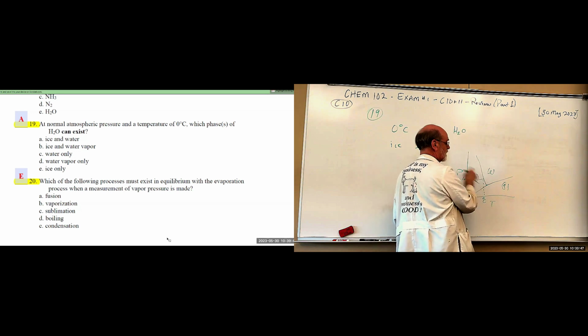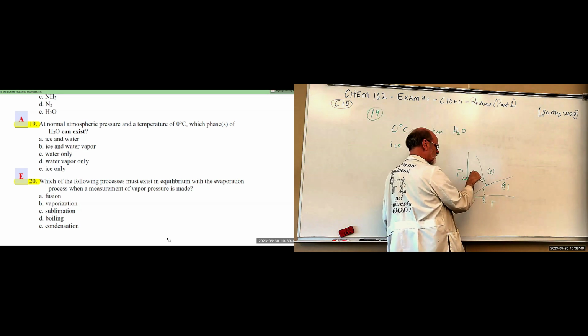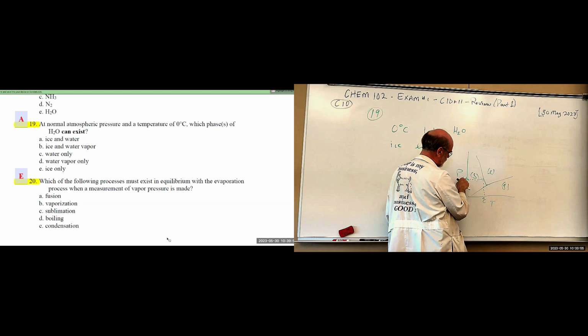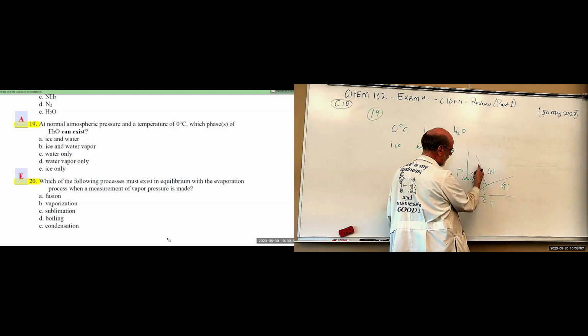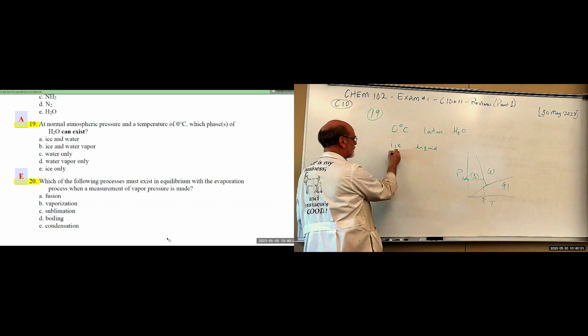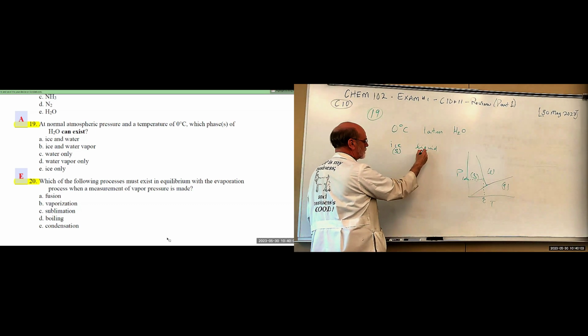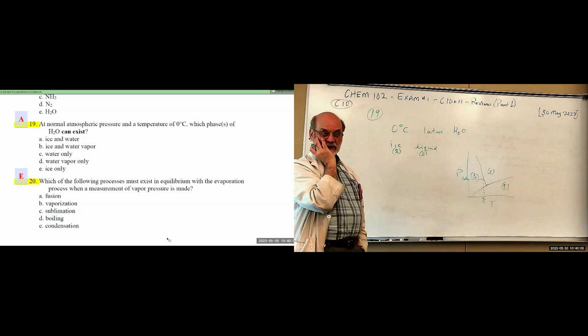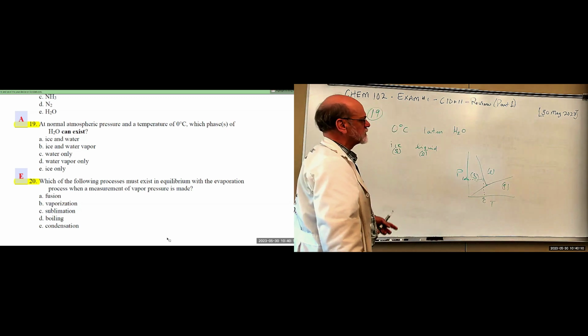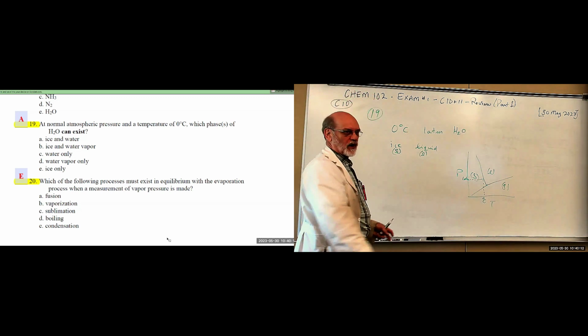And this line defines the phase where both phases occur at the same time. This one's solid and liquid at the same time, and any combination of pressure and temperature along that line, you have both phases, solid and liquid. Okay? So, did I answer the question? A, ice and water.